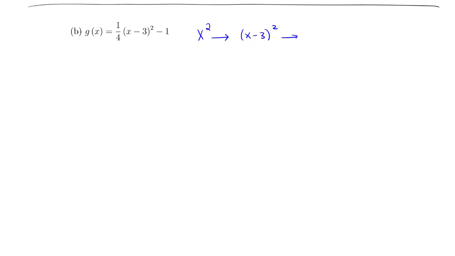And then I look for any stretching and compressing, so some multiplication. Well, that's where I have the 1/4 x minus 3 squared. And then I don't have any reflections, because there's no negative multiplied anywhere. So then I'm going to do the final minus 1 vertical shift.